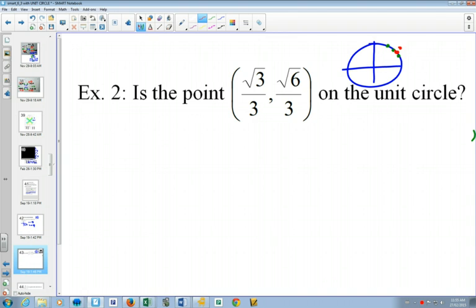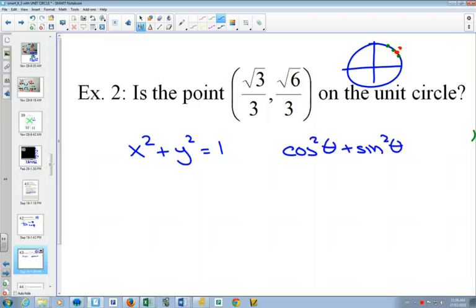So how would we know? We could use a formula. Which formula are you thinking of? So we've got our formula for our circle, which is also one of our big ideas, right? Cos squared plus sine squared equals 1.